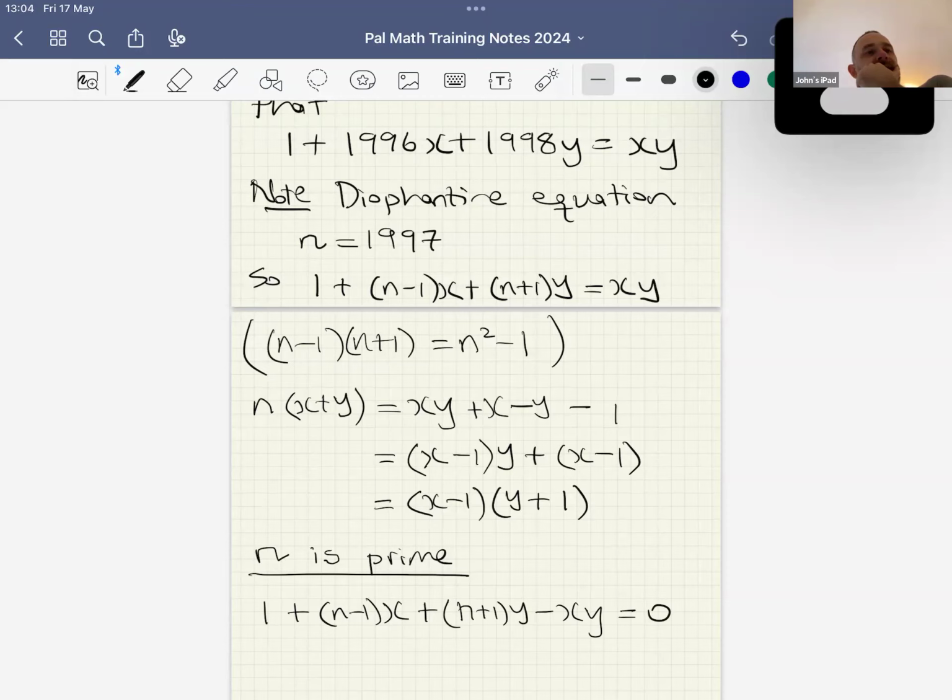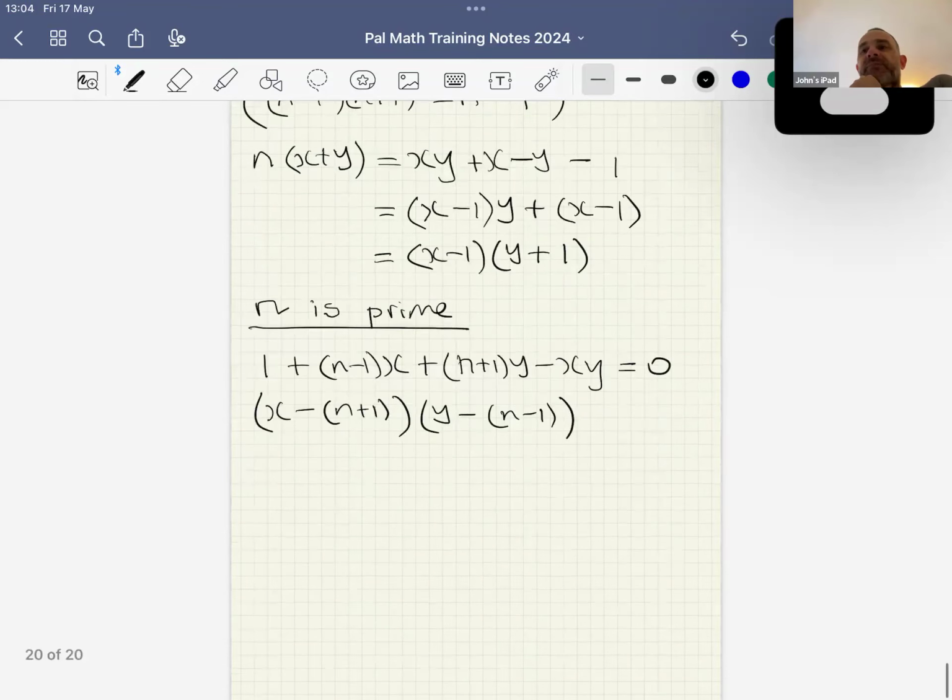I'm claiming that if we look at (x minus (n plus 1)) by (y minus (n minus 1)), what do we get if we multiply that out? That's what we're trying to solve.